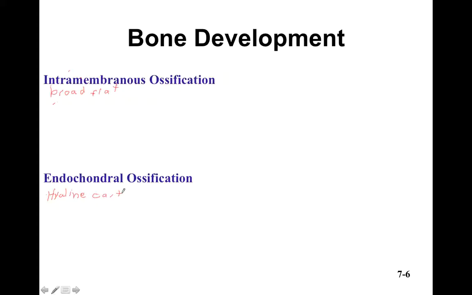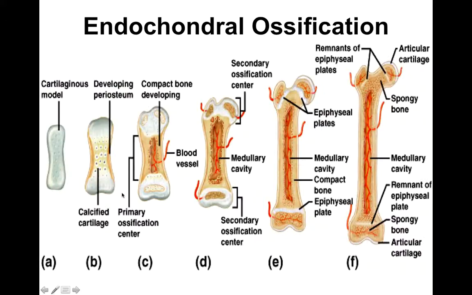This is most of the bones of the skeleton. And we're not going to look at the intramembranous as much. Just know that it's for the broad, flat bones, and that the bones develop in a sheet-like fashion.